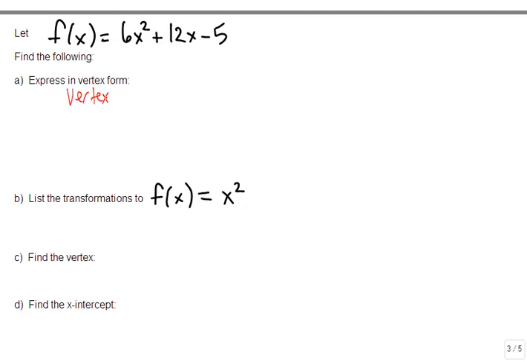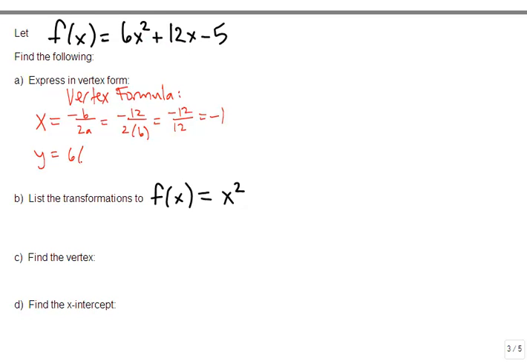So let's use our vertex formula, which says that x, the x coordinate of the vertex, has to be minus b all over 2a. So the b in this problem is that 12, and the a in this problem is that 6. So negative 12 divided by 12 equals negative 1. And then to find the y value, we're just going to plug in negative 1 for both of these x's up here.